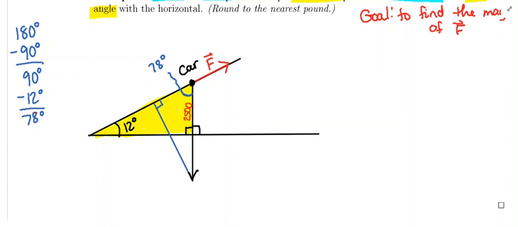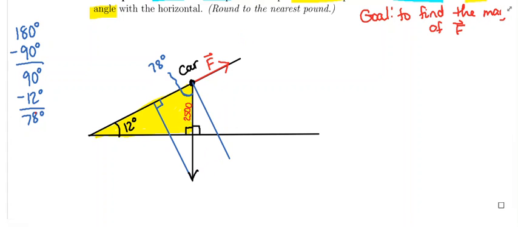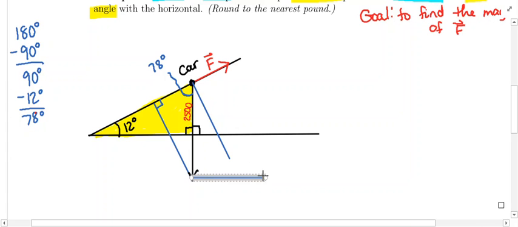Like I said, I'm making a box. If I want a box here, I want this side to be parallel to this side, and then I want this side to be parallel to this side. Let me finish drawing this. I'm making a box.